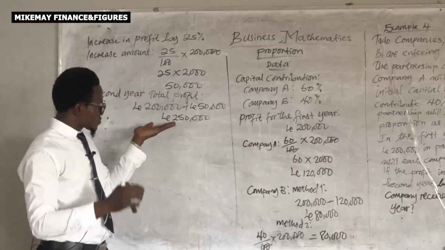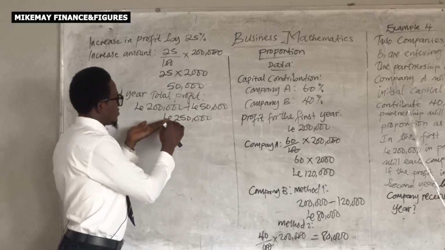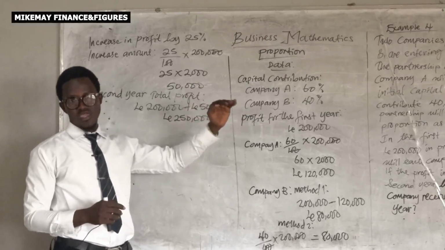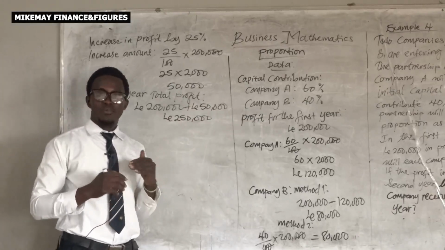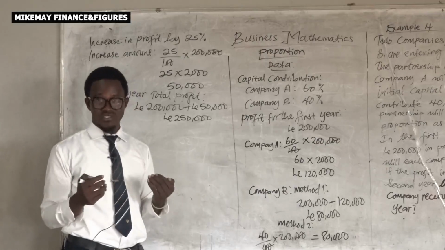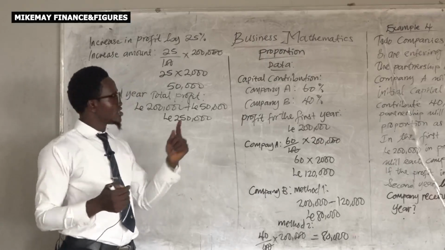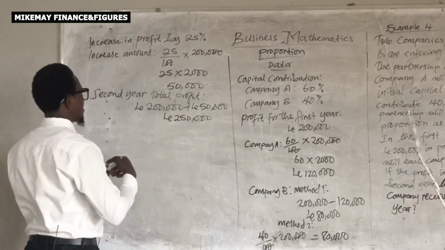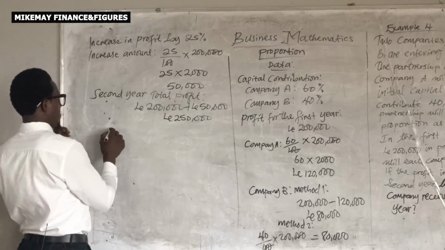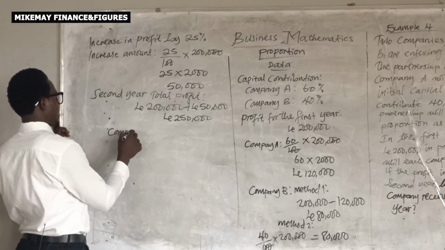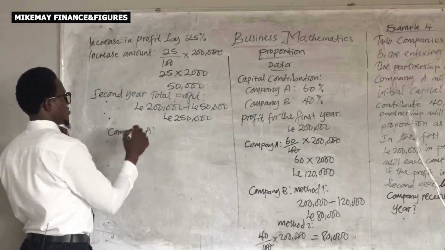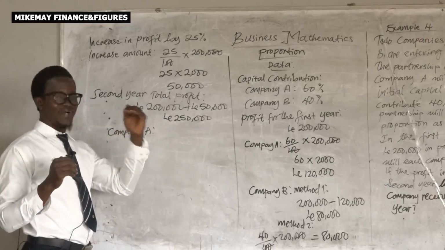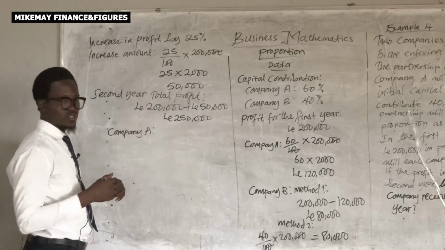Now, it is not the 250,000 you are going to charge their respective profit sharing percentages, but you are going to charge it on the increased amount of 50,000. So for company A, we are going to charge its profit sharing percentage on the increased amount.